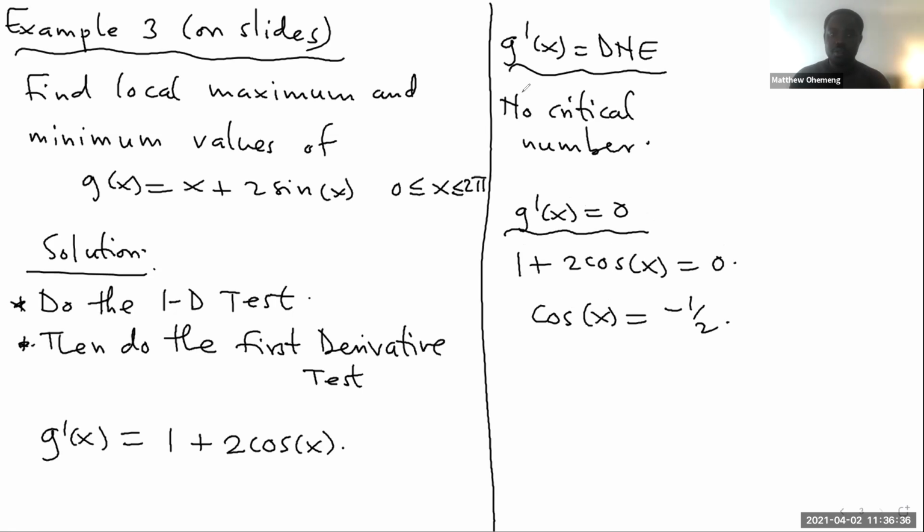Now, for this one, you have to look at your Math 127, pre-calc 2. You have to get the general solution of this equation.